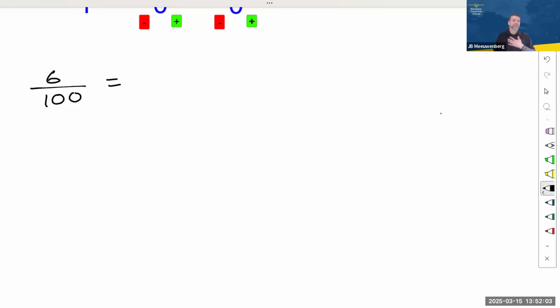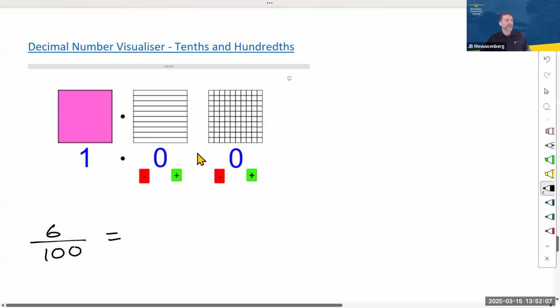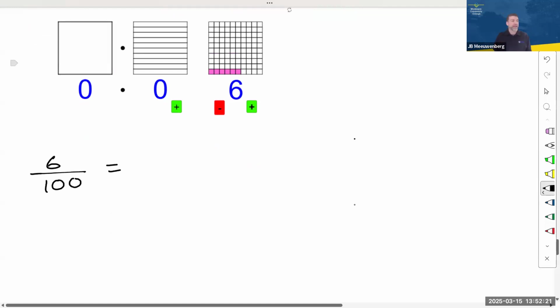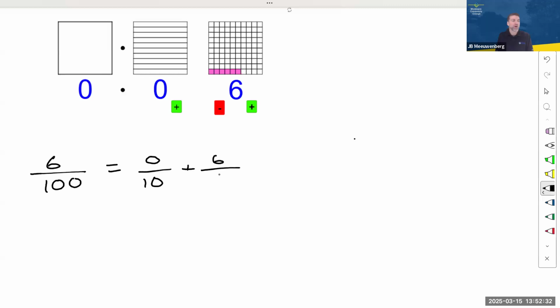And so if I go back to here and just clear all these things out, this is what the decimal square would look like, 6/100. But then if we think about the expanded form, I want you to think about the expanded form of this. What we would have is 0/10 plus 6/100.